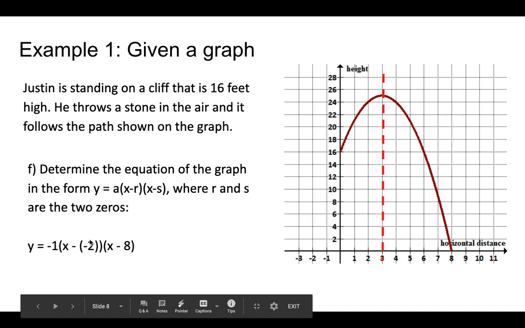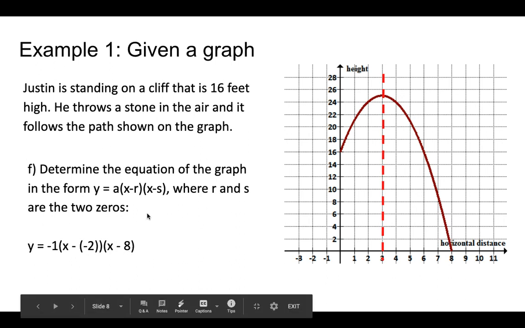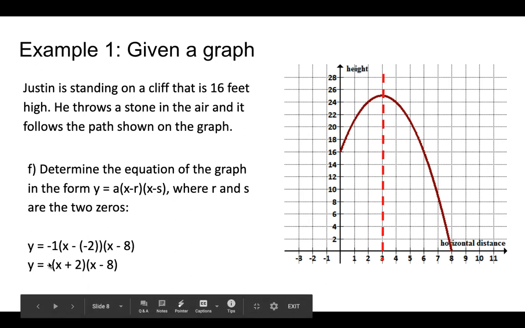We're going to put -2 in for r and 8 in for s. It doesn't matter which order you put them in, by the way. Because this is subtracting a negative number, we can clean that up, and we can take this 1 out of here to clean it up a bit more. So the equation is y equals negative (x plus 2) times (x minus 8).